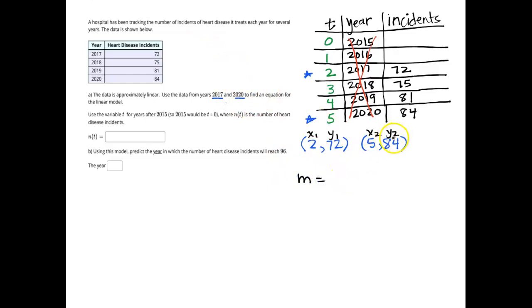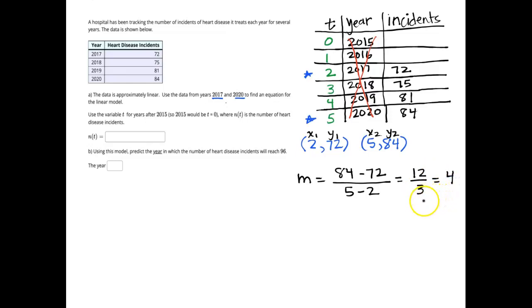So y2 minus y1, so that would be 84 minus 72 divided by x2 minus x1. So I'm doing 5 minus 2. All right? And so when I do the 84 minus 72, I get 12, and then 5 minus 2 gives me 3, and that reduces to be 4. So 4 is my slope.